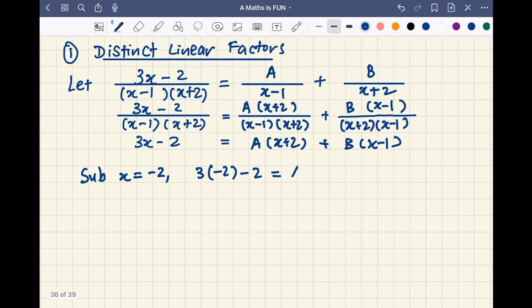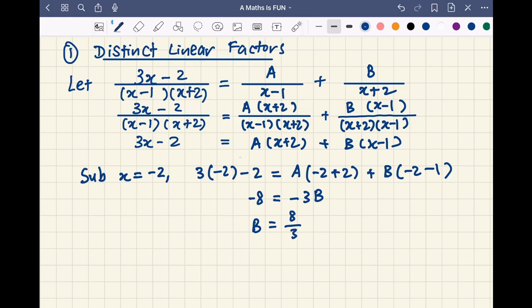And on the right hand side, we still write out our substitution. Even though we know that's going to become 0, we still should show that. Here we have b times of negative 2 minus 1. And then on the left hand side, we have negative 8 equals to, on the right hand side, it will be negative 3b. Right, and solving for b, we will get 8 over 3.